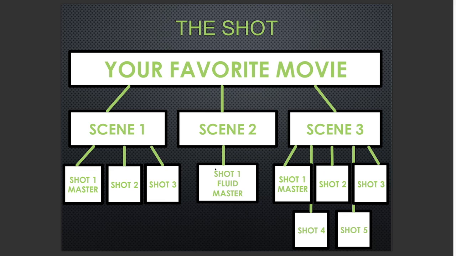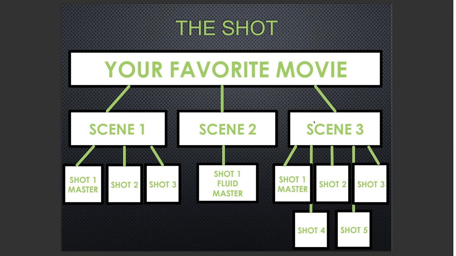But in the fluid master shot, you only have one shot that transitions from maybe a close-up to a wide shot to a medium shot to a crowd shot based on the way the camera is moving from one place or one person to the other.